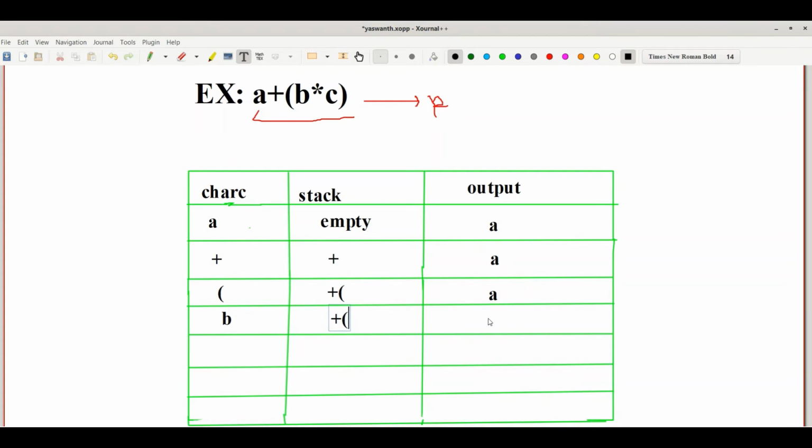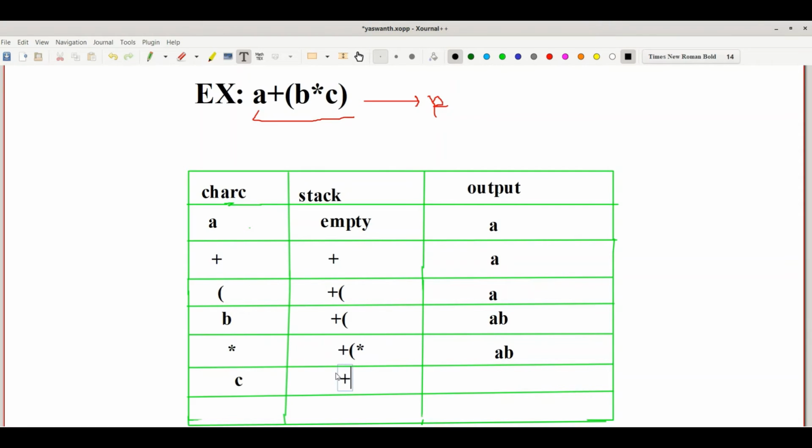The output now is A, and B has come. The next operator is the star, an operator, so plus and this operator will be in the stack. Now the multiplication symbol has come. The output now is A, B only. Then the next character is C. As C is an operand, it goes directly to the output.